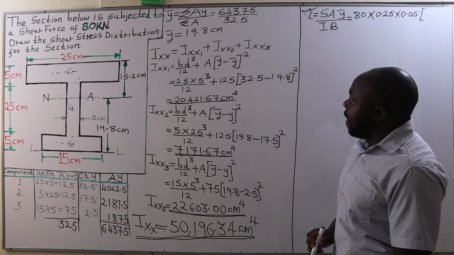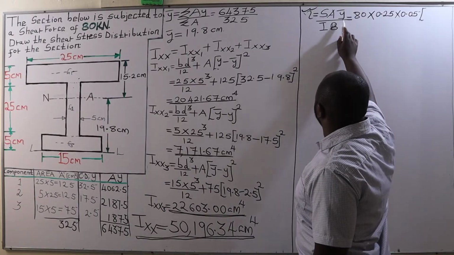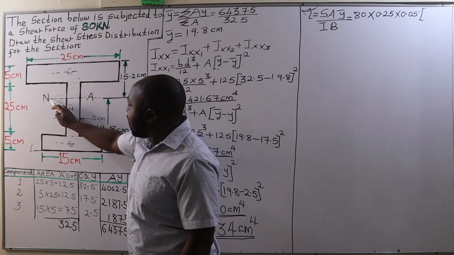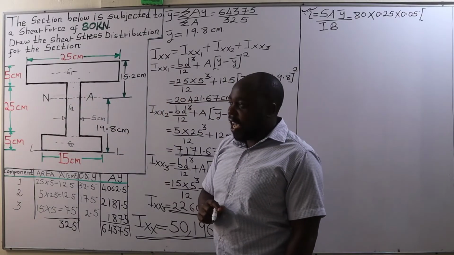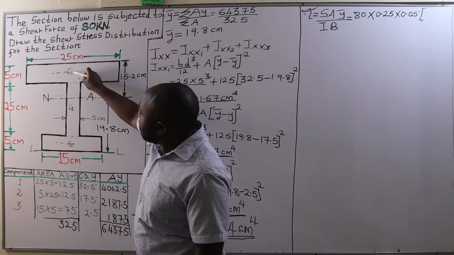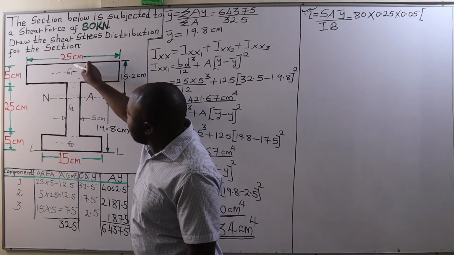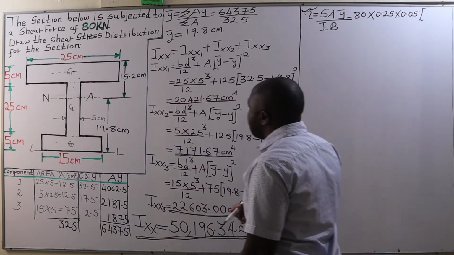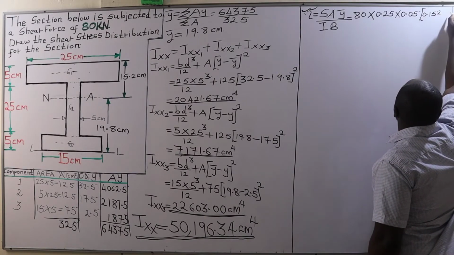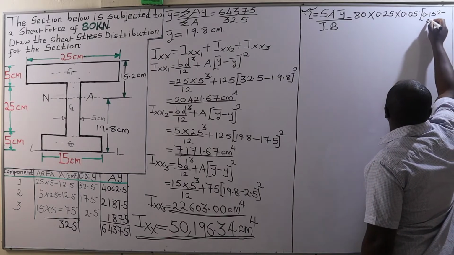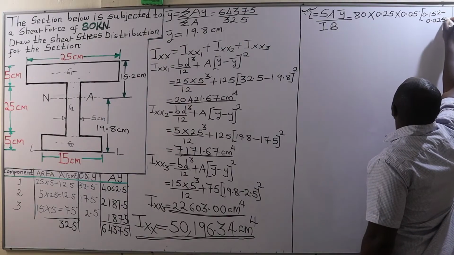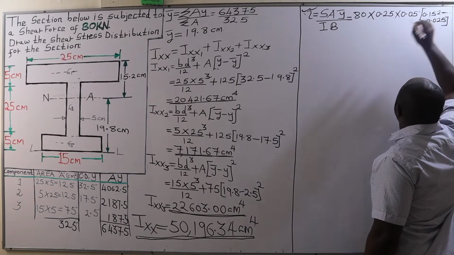Into, now bar y will be the distance between G1 and the neutral axis, and that will be given by 15.2 centimeters minus half of the depth, which is 2.5, and that is going to be 0.152 minus 0.025.